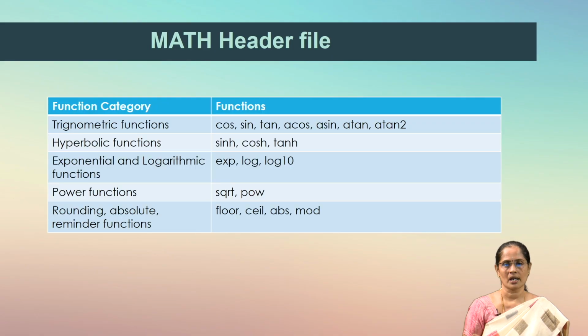The trigonometric functions include cos, sin, tan, acos, asin, atan2, and sinh, cosh, tanh are the hyperbolic functions. exp, that is exponential, and log10 with respect to base 10 are the logarithmic functions, and sqrt and pow are power functions. Then the absolute, rounding, and remainder functions are classified with floor, ceil, abs and mod functions.